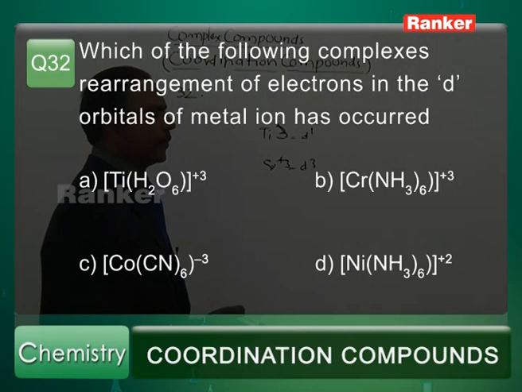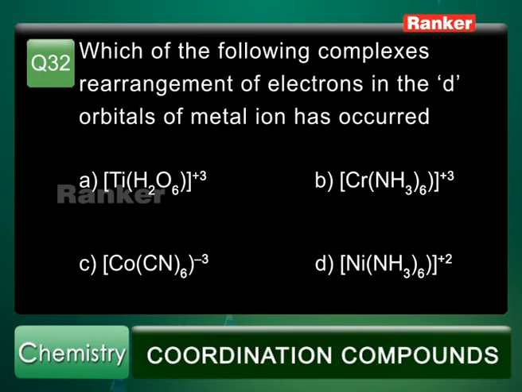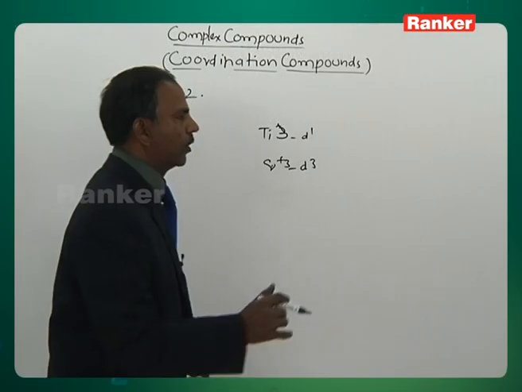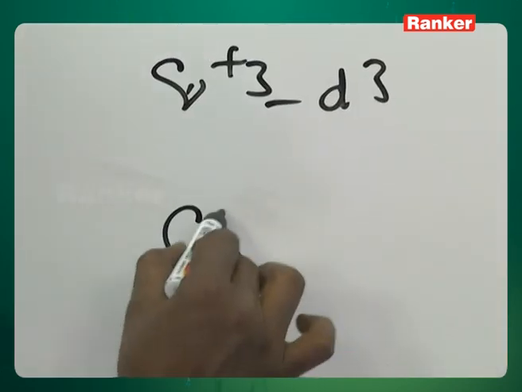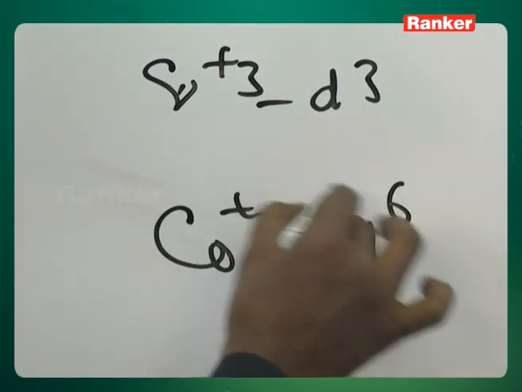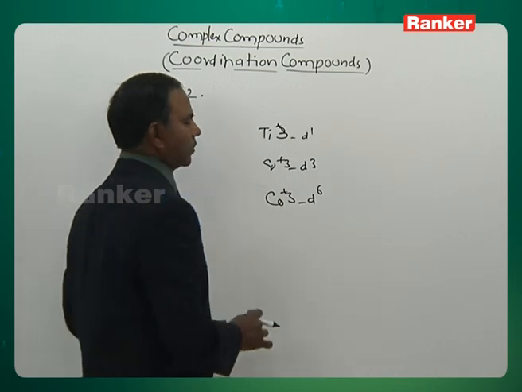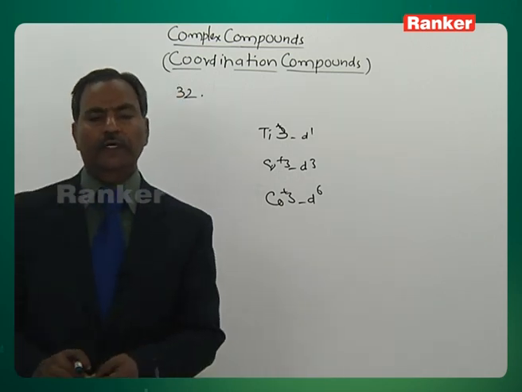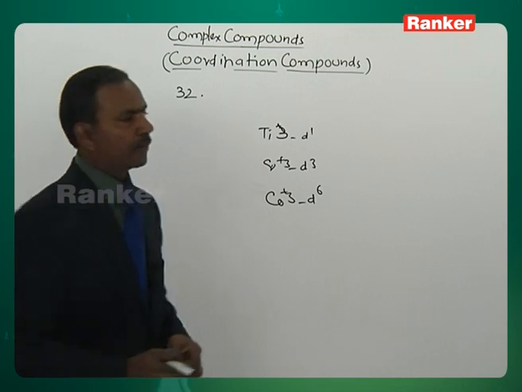Coming to option C, Co(CN)6 3-. Here it is cobalt +3, d6. Moreover, CN is a strong field ligand.